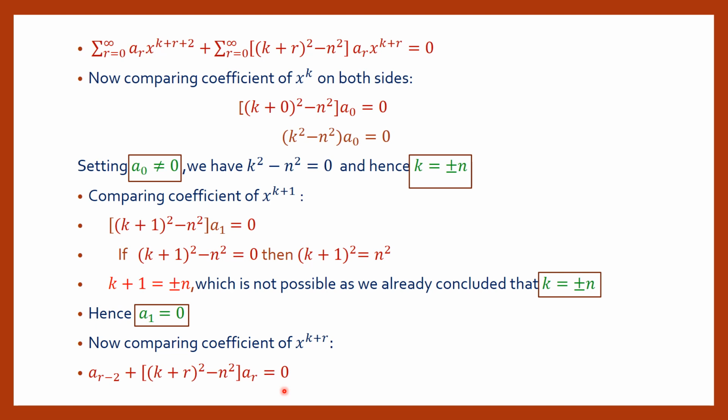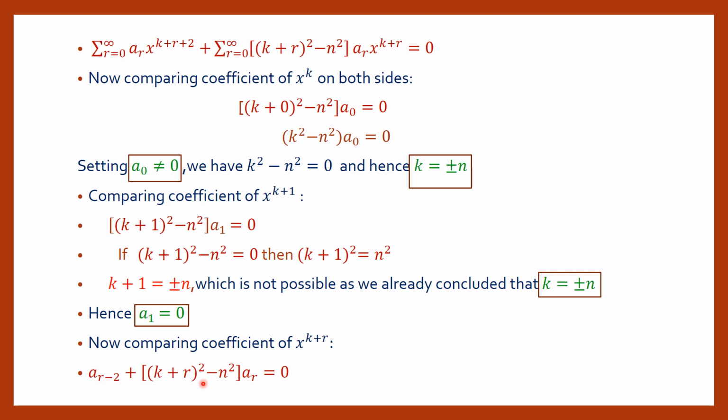We will get ar minus 2, it is not ar plus 2. We will get ar minus 2 as we substitute r equal to r minus 2, and this is in the first summation. In the second summation we get k plus r whole square minus n square into ar equal to 0.